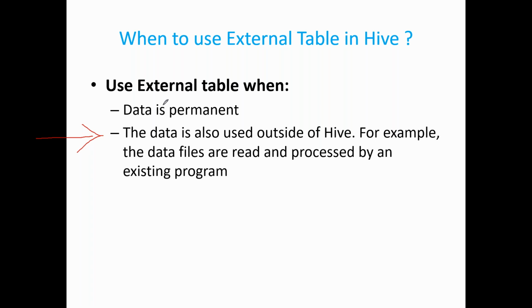If other applications or components are using Hive and you go with a managed table, what will happen if you drop it? It will drop your actual data also. Other applications such as Spark will have an impact. To avoid that, we can use an external table so that even if you drop the table, your data will still be accessible by Spark. Does that answer your question?